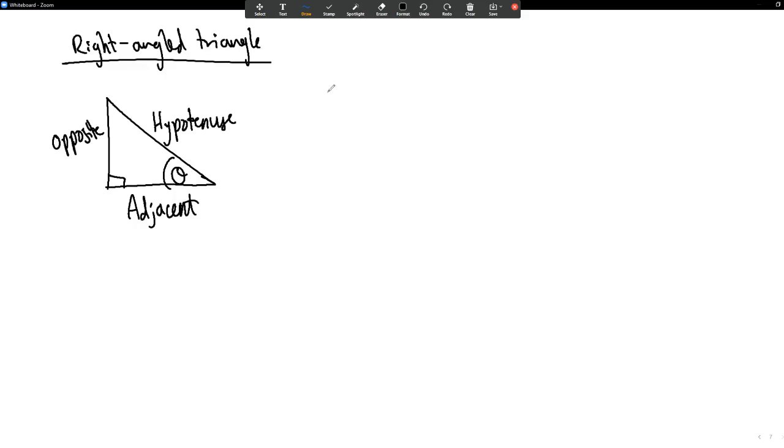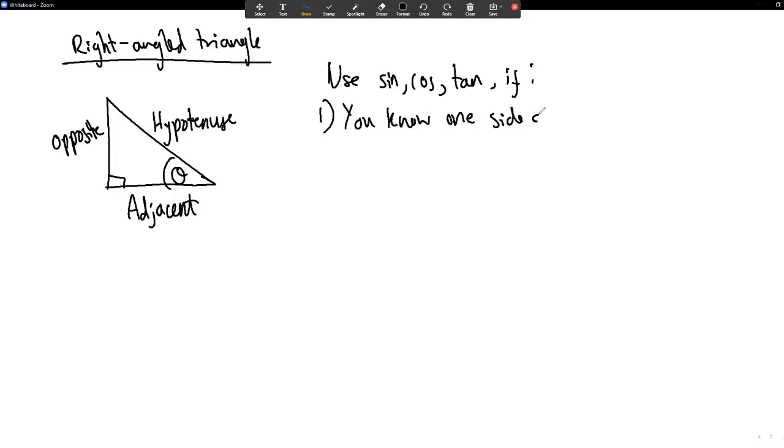Basically, use sine, cos, tan if you know one side and an angle which isn't the right angle, and you want to know another side.